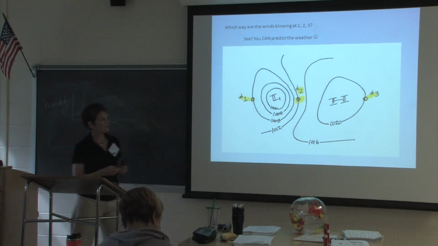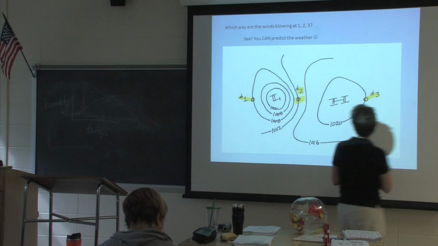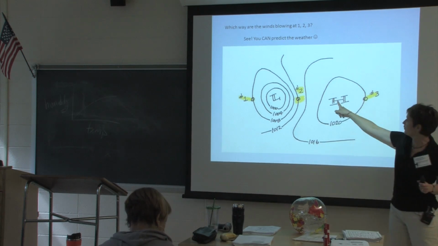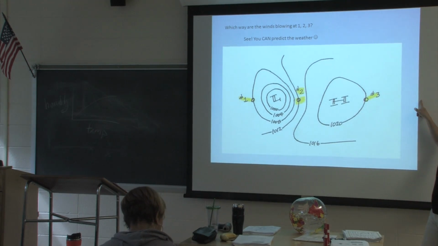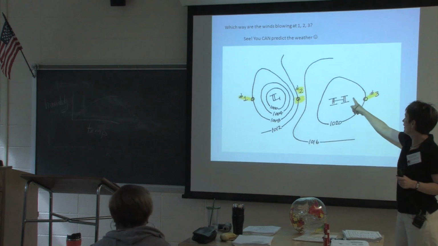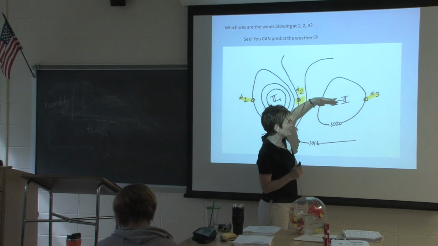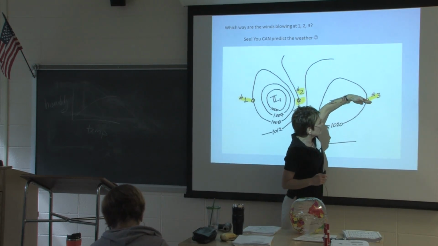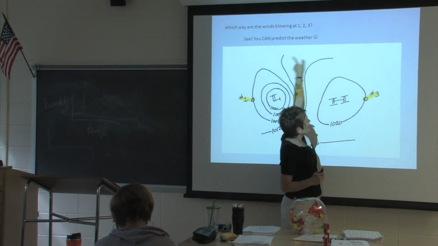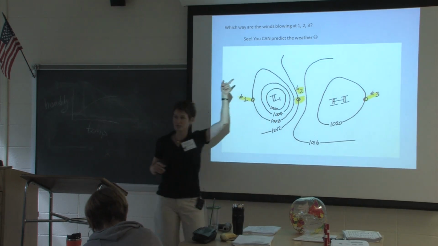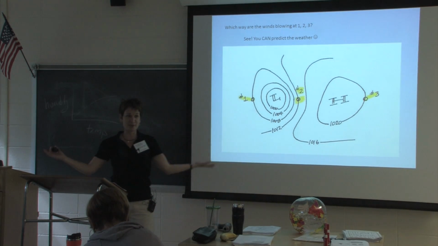Northwesterly. All right. So which way are we moving? We're going from a high to a low. As we do that, we're going to be deflected to the right. You always have to orient yourself as if you are the wind parcel. So I'm moving this way, deflecting to the right. So I'm a northwesterly wind. See, it's all very simple.